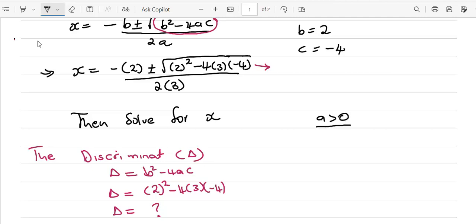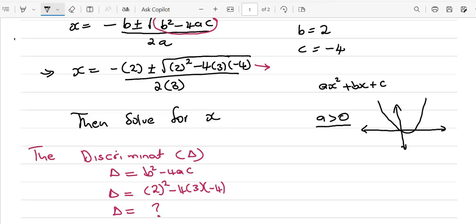Remember, this is a quadratic function. If I have ax squared plus bx plus c, this is a quadratic function. If the value of a is greater than 0, we're going to have what we call a happy face. So our graph will be concave up.